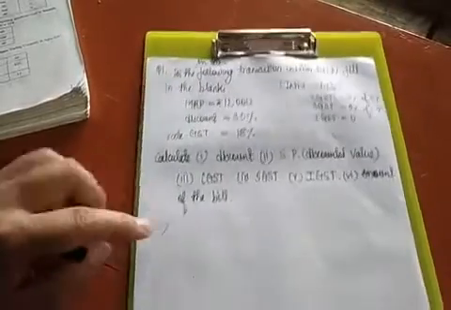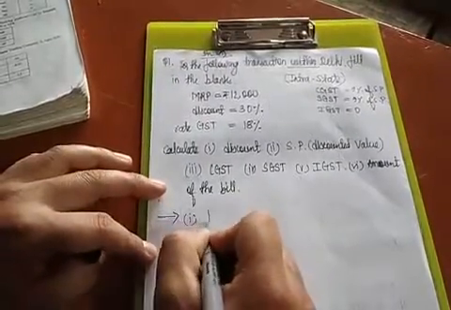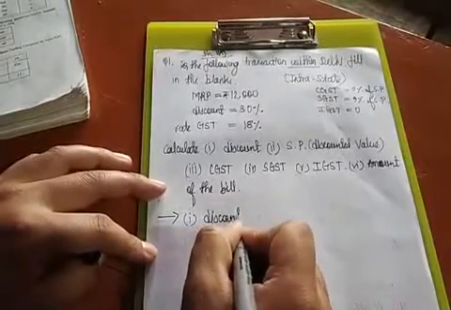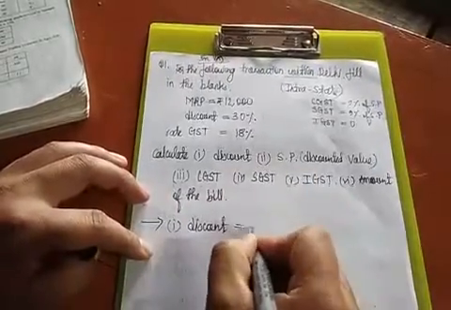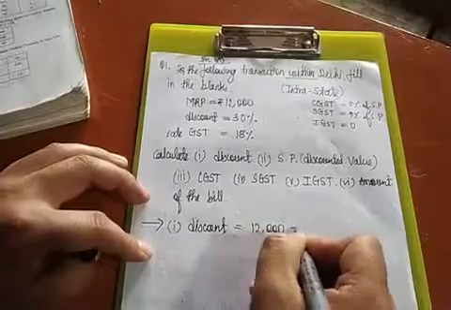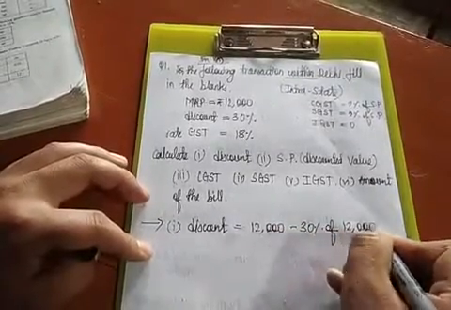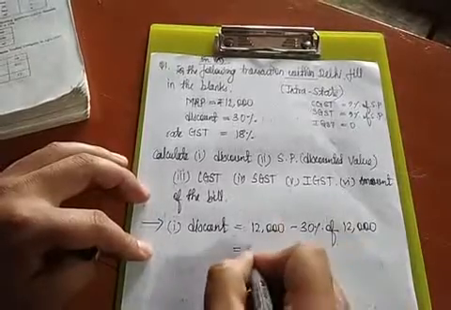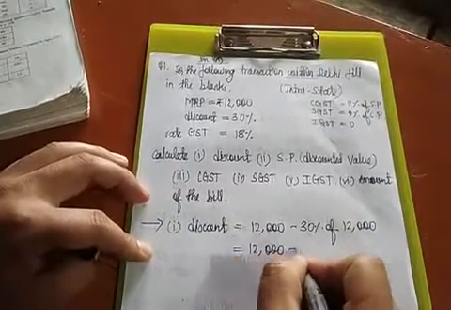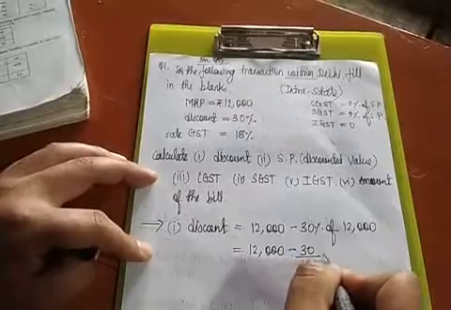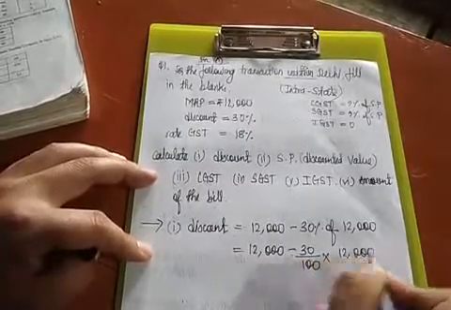So we'll start with number 1, discount. Since discount percentage is 30%, we'll have to subtract 12,000 minus 30% of 12,000. We know the calculations, this is basic maths, percentage. So 12,000 minus 30 by 100 into 12,000.